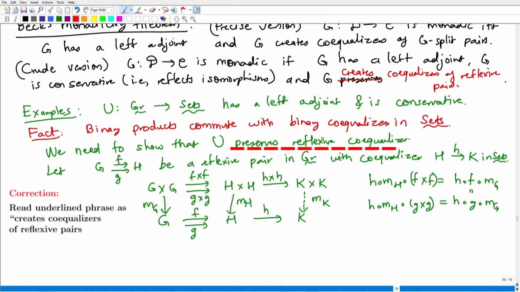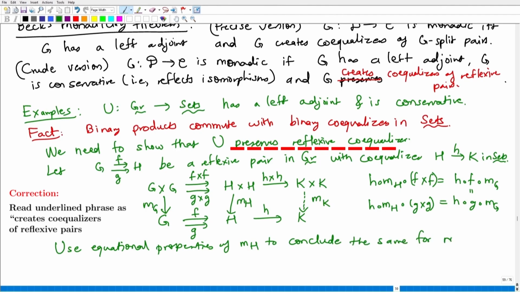These are all finitary algebras. Group is a finitary algebra, the operation is binary, then inverse is unary, and identity is nullary. So in fact, use equational properties of MH to conclude the same for MK.